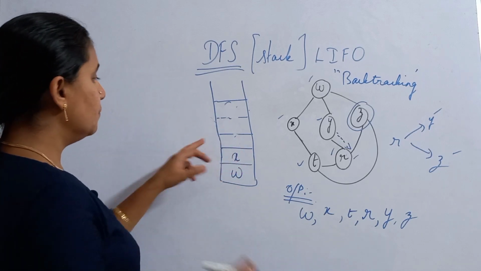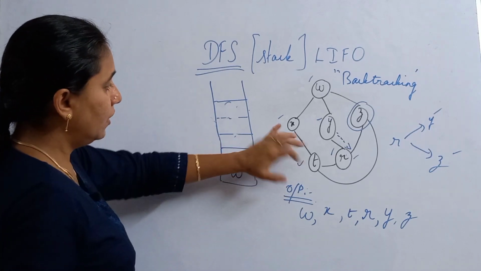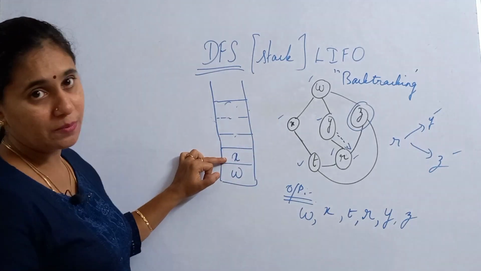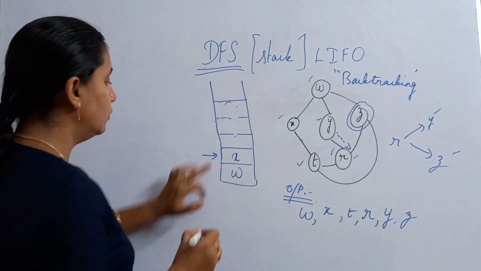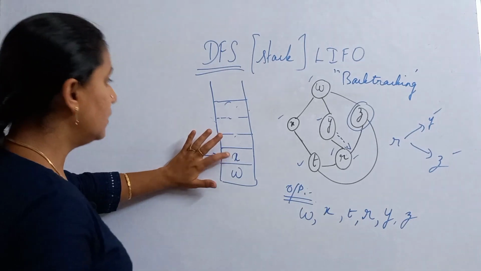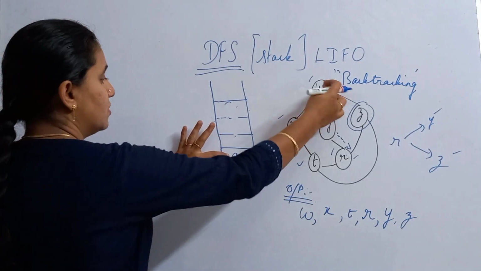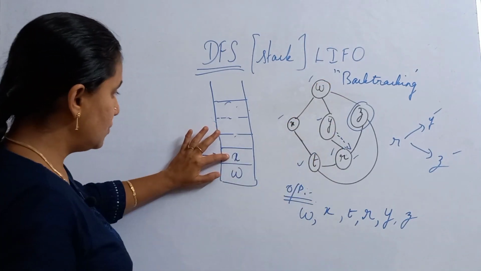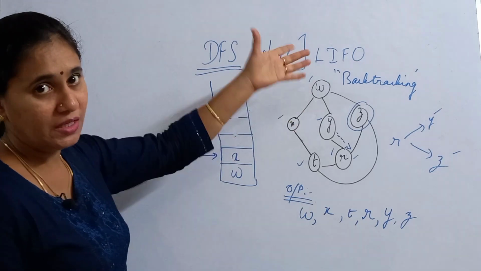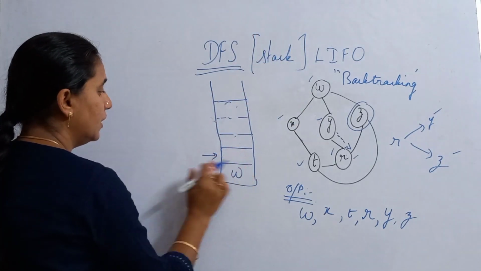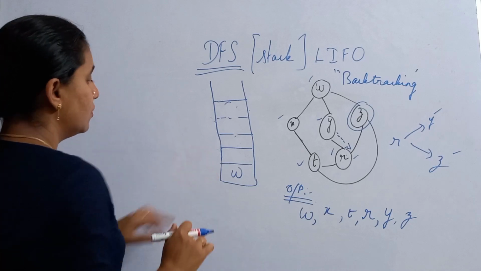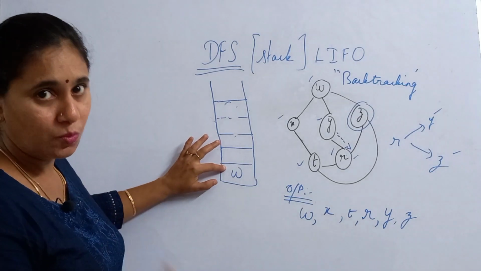Now before T, the next previous element is X, so X is going to be the topmost element. Find the adjacent elements of X. They are W and T. Once again, all the elements are visited, so you delete this. W is your next topmost element.